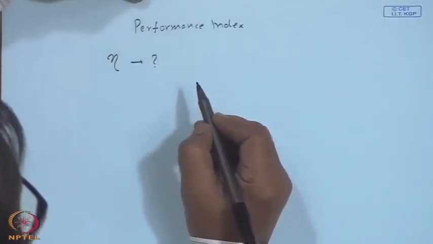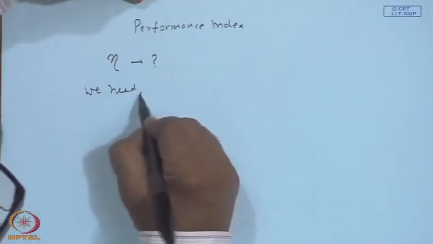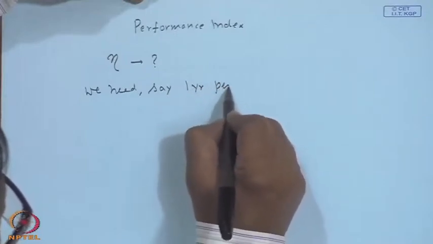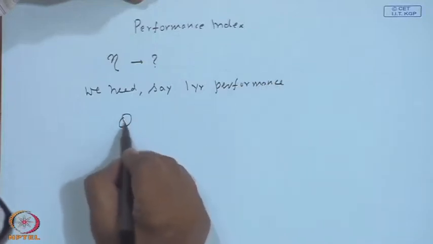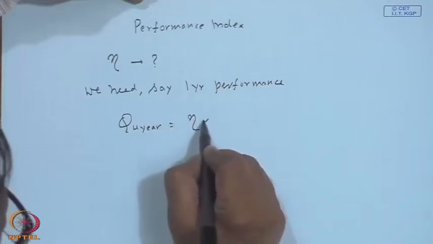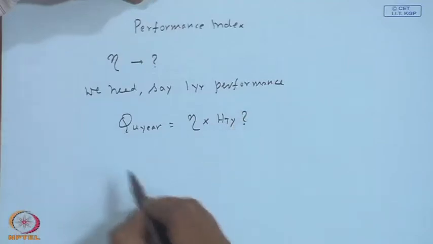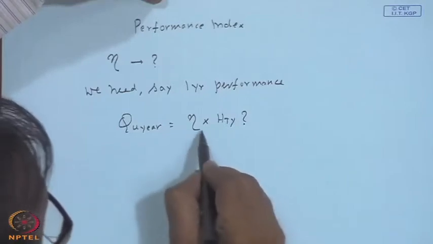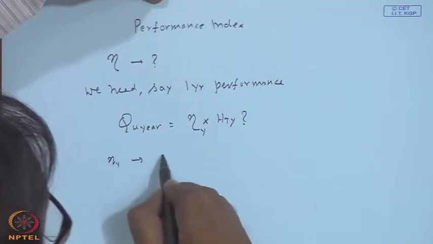If it is the efficiency, and we need, say, 1 year performance. So, useful energy gain for the year, is it eta times H T y? Obviously, this does not work, and even if it does, then this eta y should be a weighted average.